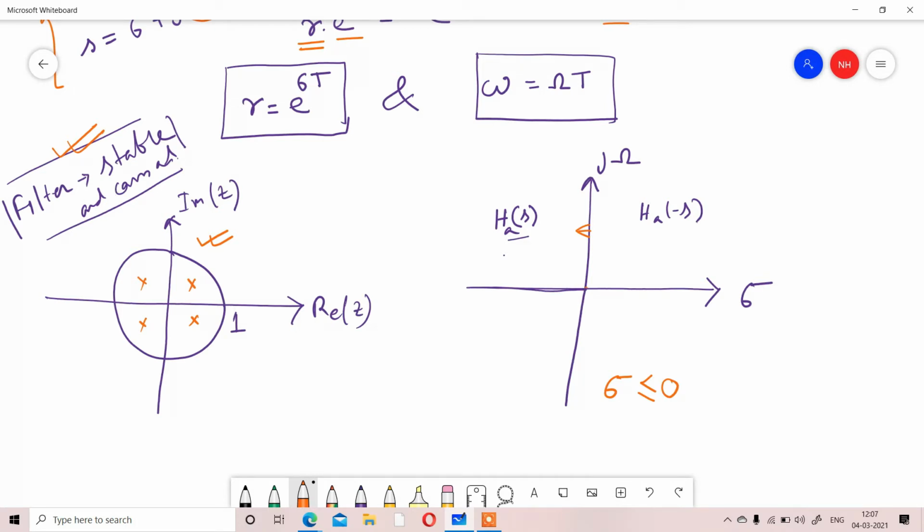For sigma less than or equal to 0, we will check whether the condition is satisfied. If this is satisfied, that is okay.